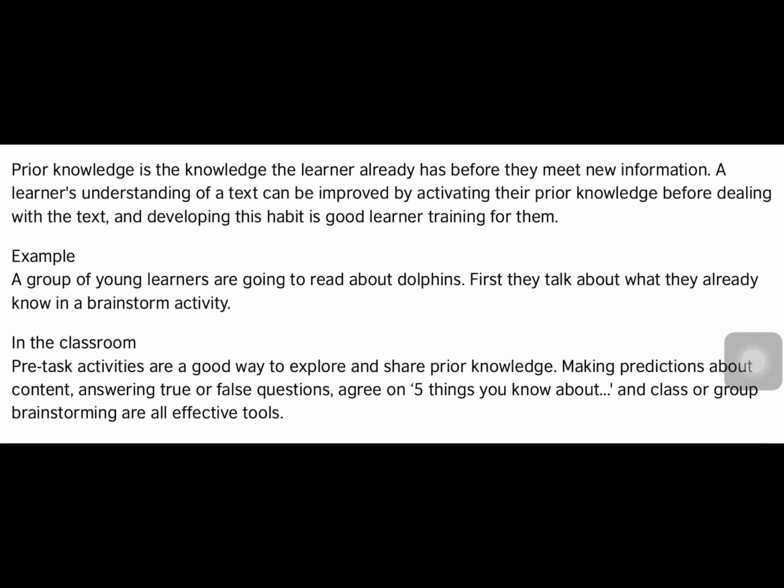They give us an example here that has to do with dolphins, a passage about dolphins. And if you want to read about dolphins, how do you do it? You do it by thinking about dolphins. What do they do? Where do they live? What type of activities do they do? Are they mammals? Are they fish? What do they eat?